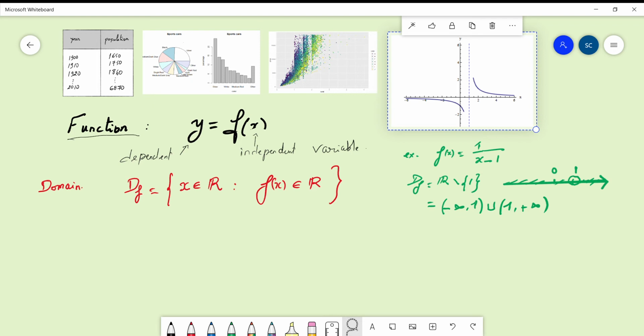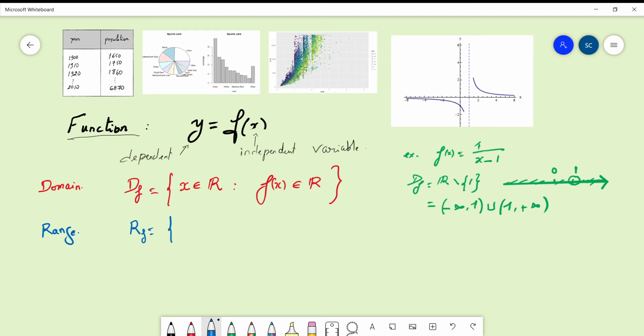Now consider another important set for functions, which gives information on the function: the range. The range of f is all the possible values taken by f, the y's. So the y's are the values we can write as f(x).